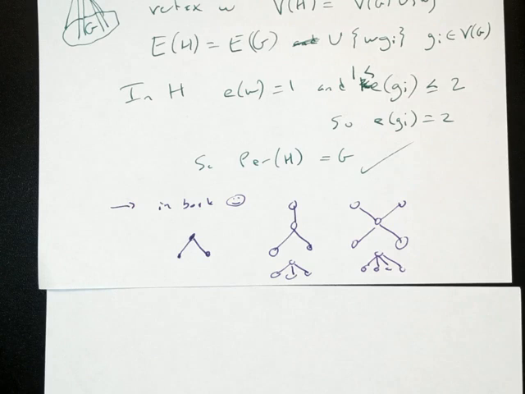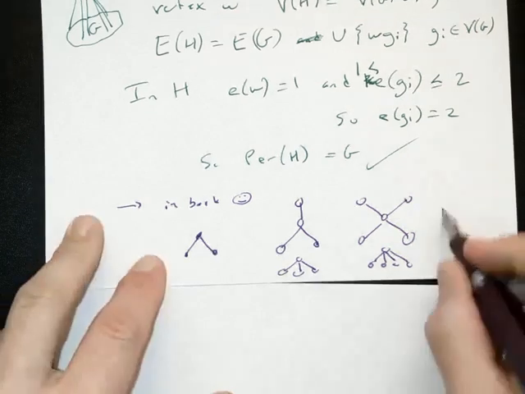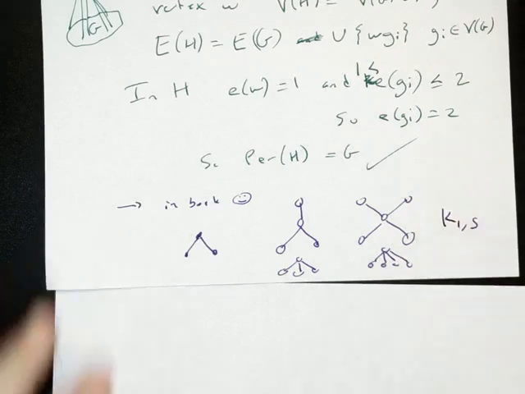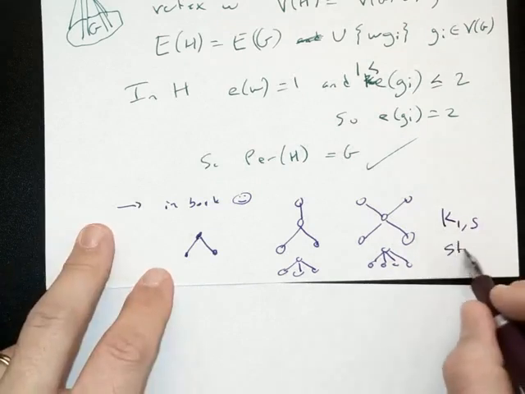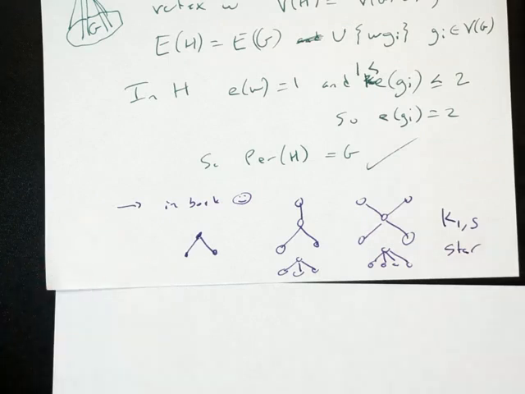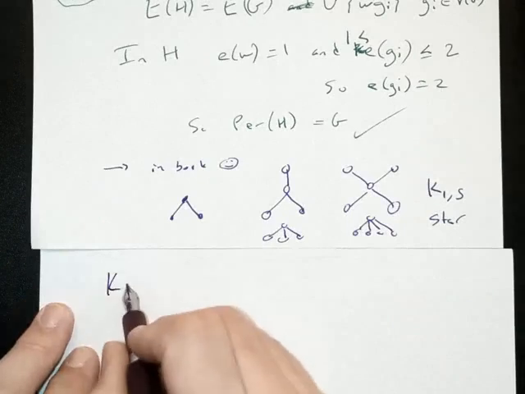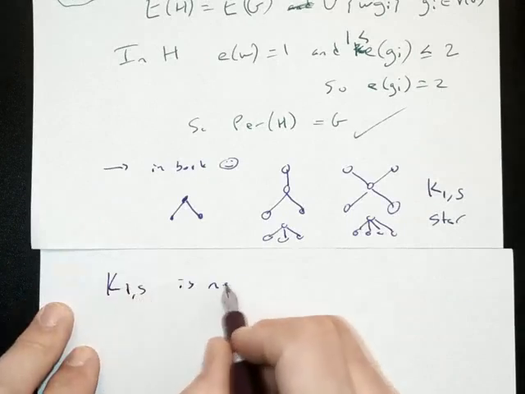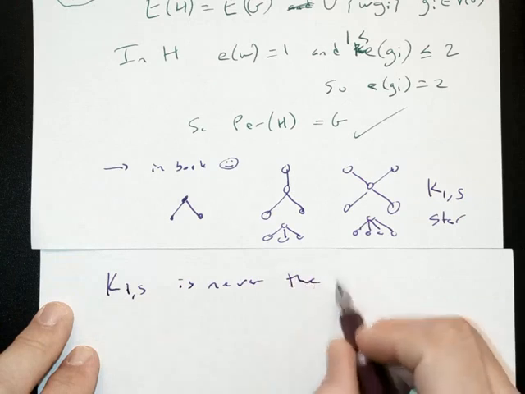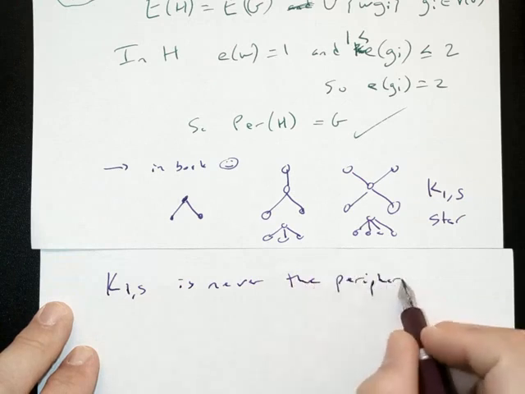To get from any vertex in the bottom row to any other vertex in the bottom row is 2 steps. Some vertices have eccentricity 1, and some have eccentricity 2. So any bipartite graph, K1,S, a star, 1 in the middle and the rest around the outside, K1,S is never the periphery of any graph.